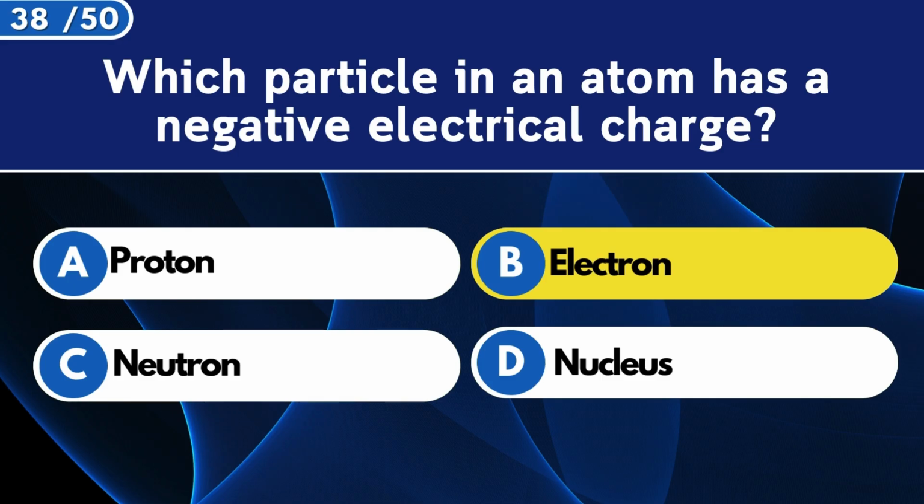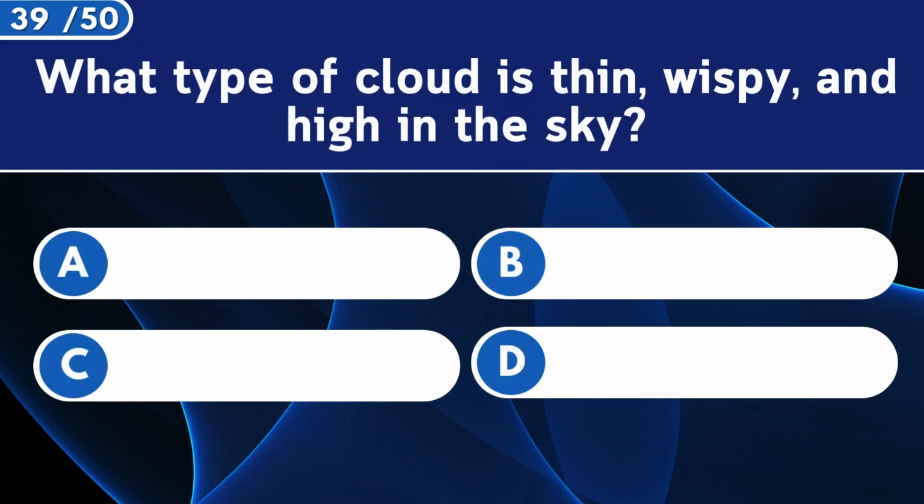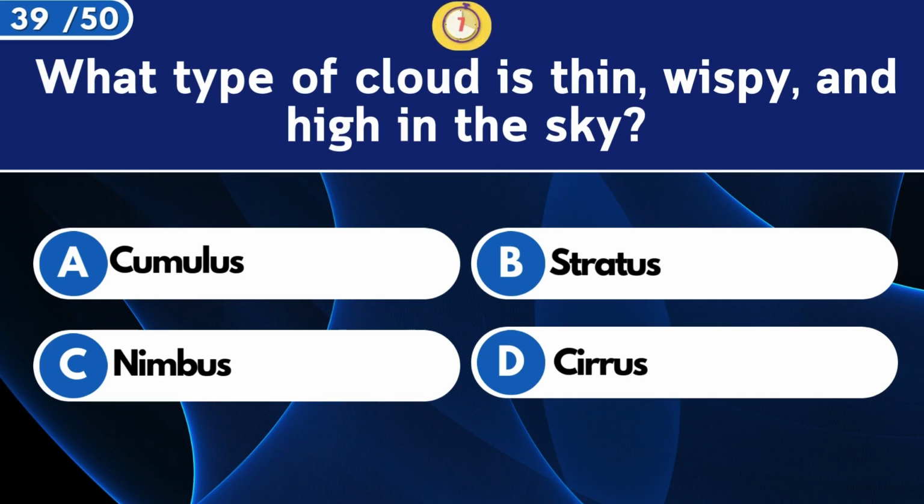Electron. What type of cloud is thin, wispy, and high in the sky? Cirrus.